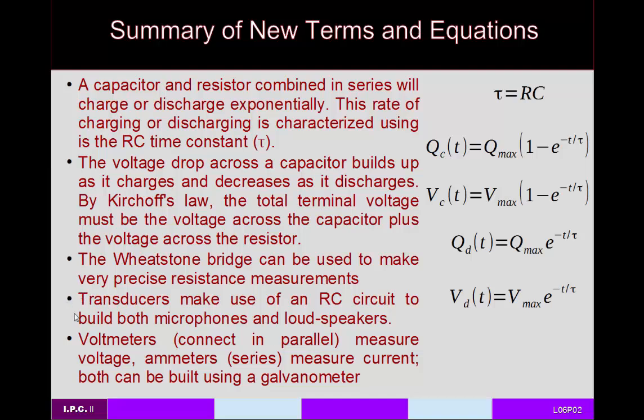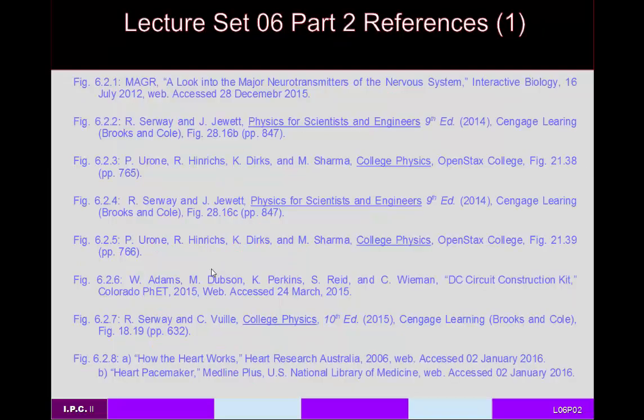Finally, you can make a microphone using a transducer, and transducers basically make use of RC circuits, both when building a microphone and, although I didn't show it, in building a loudspeaker. It is basically almost the exact opposite of how the microphone is set up, but that's a story for a different day.